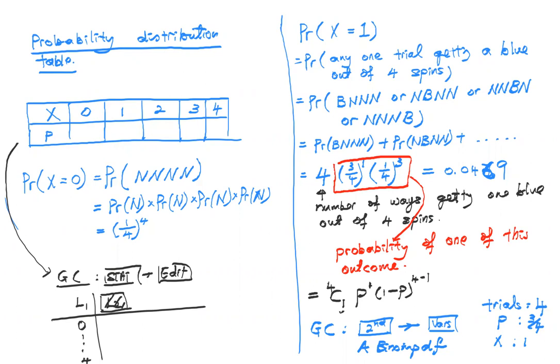L2 is black. Then you go to second VARS. Select binom PDF, number 9, binom PDF.